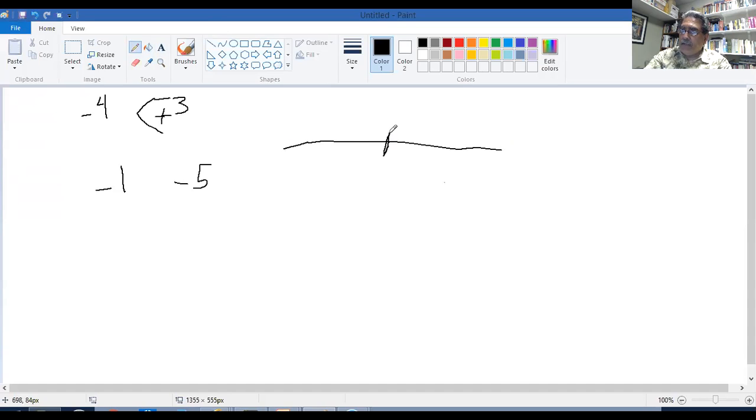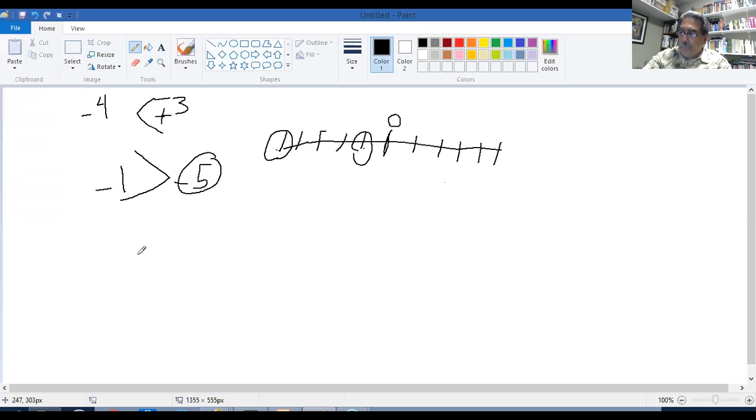If here is the 0, and here would be 1, 2, 3, 4, 5, -1, -2, -3, -4, -5. -5 would be here, -1 would be here. This is bigger than that one. So -1 is bigger than -5.